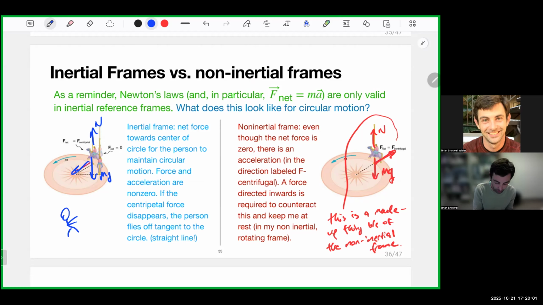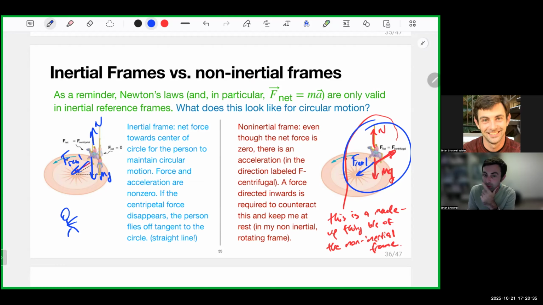So there has to be some real force, I'll call it F, pushing it inwards to keep it moving in a circle. In the non-inertial frame, you have that real force F going inwards and the centrifugal force going outwards. So here the net force is zero, and that's why the object's at rest.